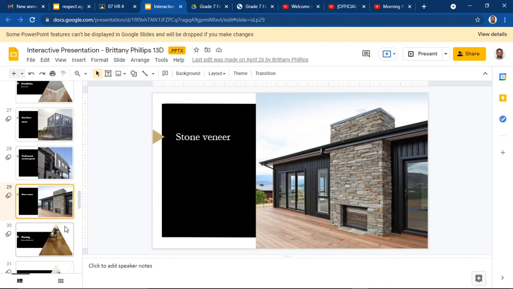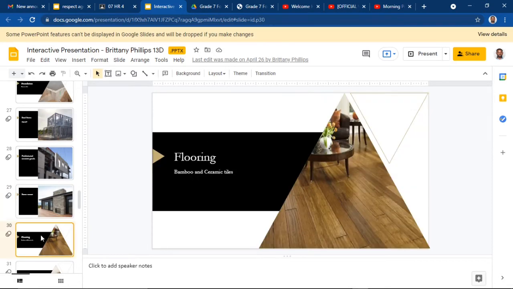Stone veneer, probably went with that as a design feature because it looks very good. Bamboo flooring, which is very interesting, because bamboo flooring is cheaper, and it gives you a nice hardwood type of look, but it's a lot cheaper than actual hardwood. So this is a good design choice, and then you will explain why you went with everything that you went with.